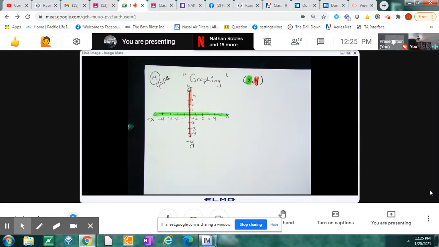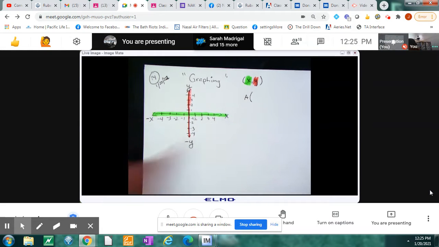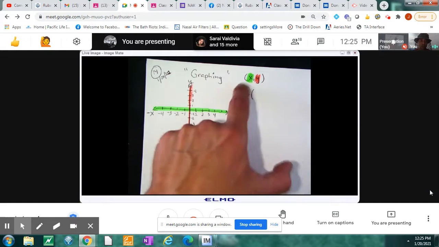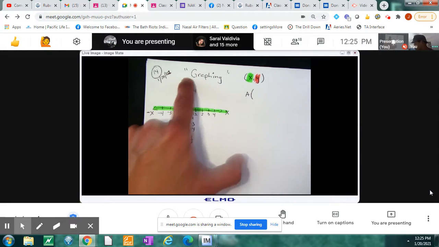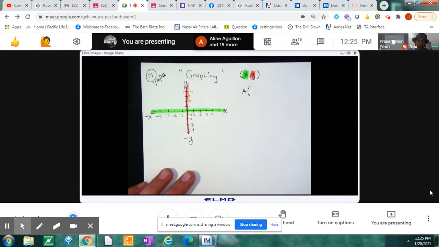In math, the first point is A, and you have four sections in this graph grid. Does anybody know what these four sections are called? Anybody can type it in.